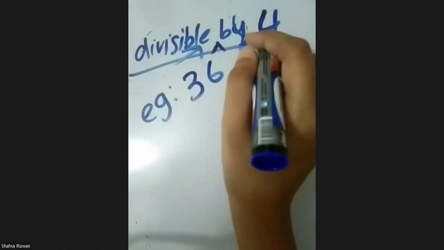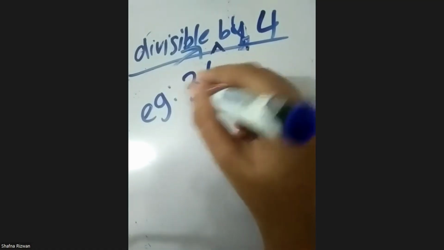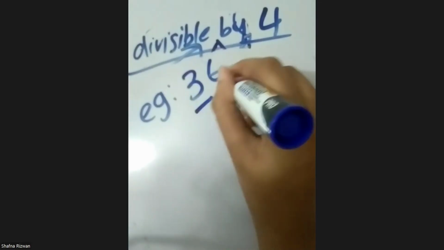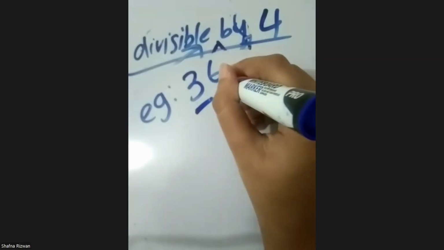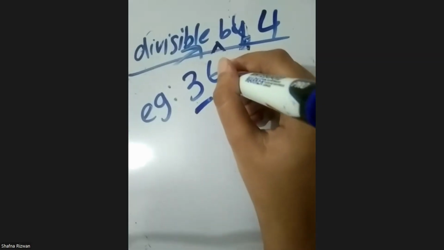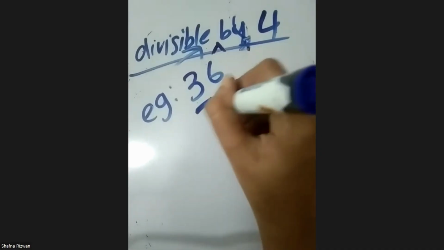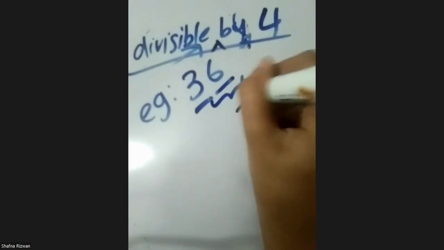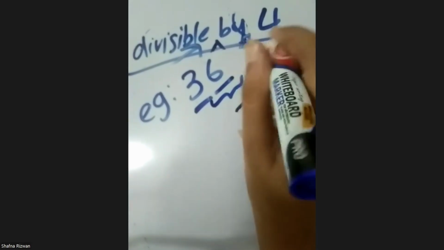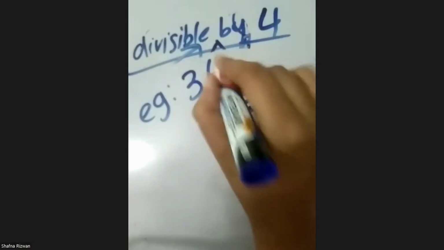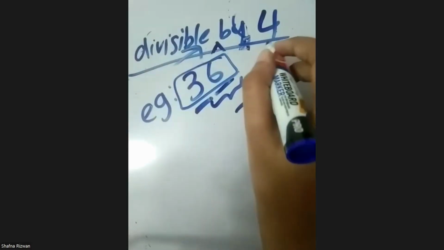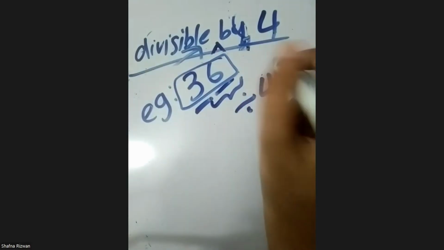What you should do is always go and see the last two digits of your number. If the last two digits of your number are divisible by 4, that means this number is divisible by 4.